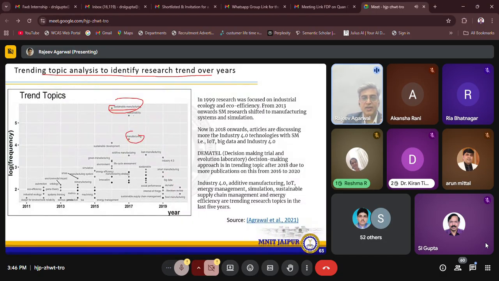So in 1999, research was focused on industrial ecology. Now, being a researcher, I should know what was happening earlier, what is happening now, and what is going to happen. So from 2018 onwards, articles are discussing more Industry 4.0, IoT, Big Data.